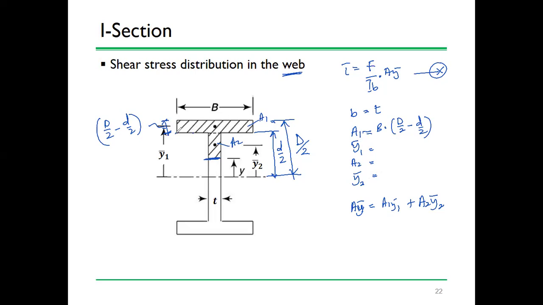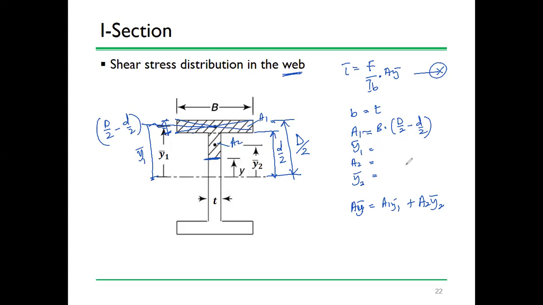This is a rectangular section, so we can draw this and draw that. So it means that from here all the way to here is the what? Y bar 1. Okay. I think that is pretty easy. If we add small d over 2 to half of this, which is D over 2 minus small d over 2, over 2, we should get the distance from here to the center of this area 1.